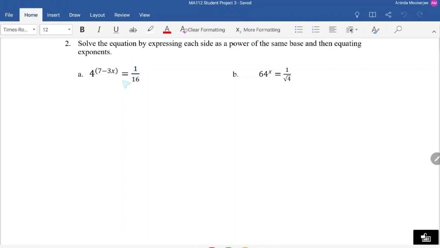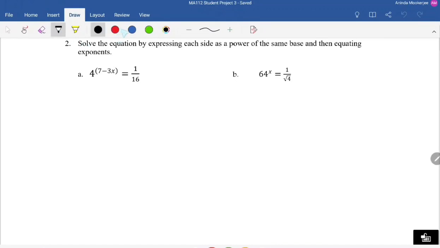All right, so here we have 4 raised to the power 7 minus 3x as the exponent, and let me rewrite this, 7 minus 3x.